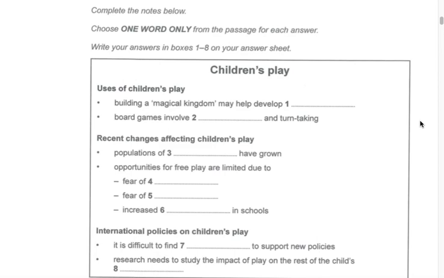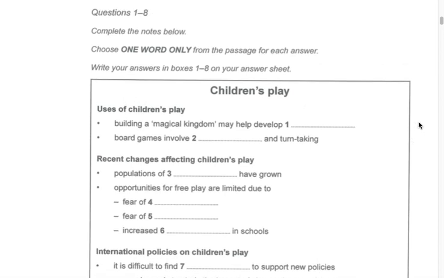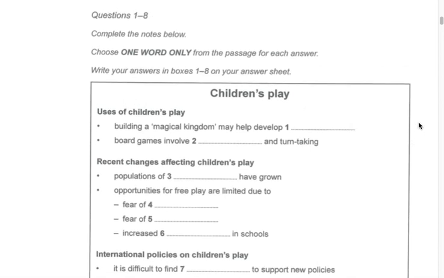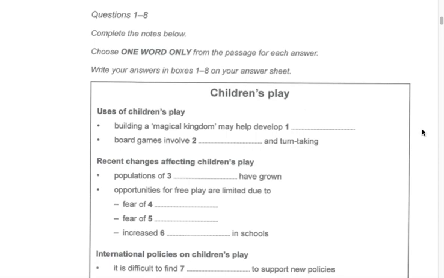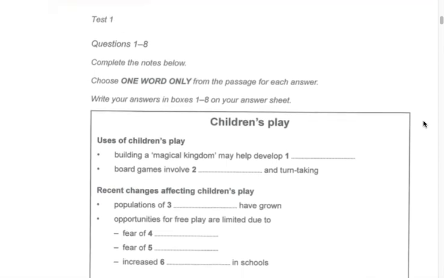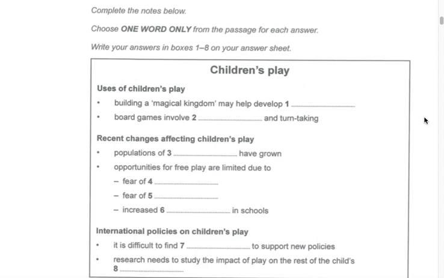So just by looking at the question, if you have watched my video of lecture 2, I described that fill in the blanks is an in order question type, meaning that you have to look for the answers in order. So very easily you can see that it's a fill in the blank question. So question 1, building a magical kingdom may help develop.